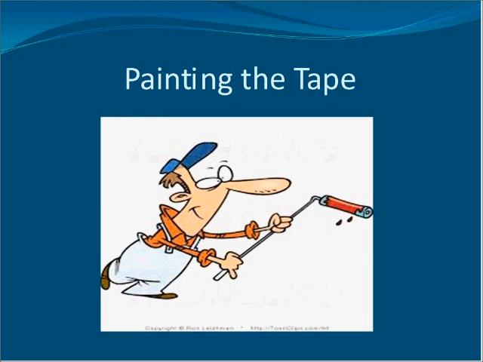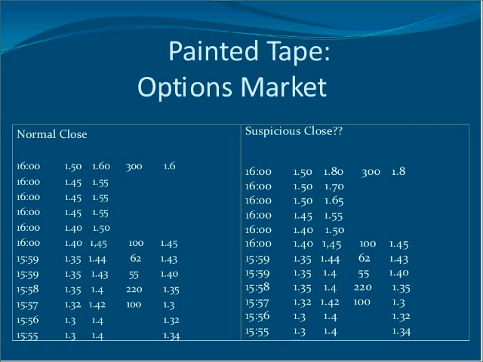And then painting the tape. This was similar to what I talked about before, but if you have a stock, or not in this case an option, where it only trades on one floor, and we see these are the markets between the bid and the ask, if all of a sudden at the end of the day we go from having this 5-cent and 10-cent wide market, 140, 150, to 150, 180, and then all of a sudden it trades at 180, we have to ask ourselves, why did this happen?